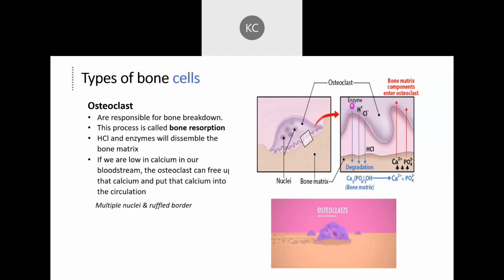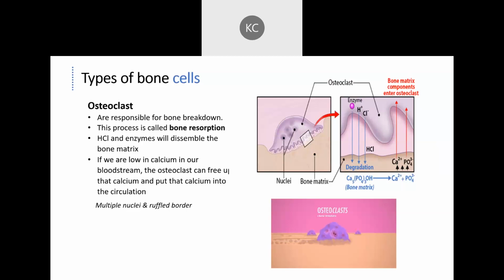The last thing I'll say about osteoclasts, and I should have mentioned this at the beginning, is these are not derived from the same precursor cell as osteoblasts and osteocytes. We talked about that hematopoietic stem cell. That is the cell that ultimately gives rise to this osteoclast.